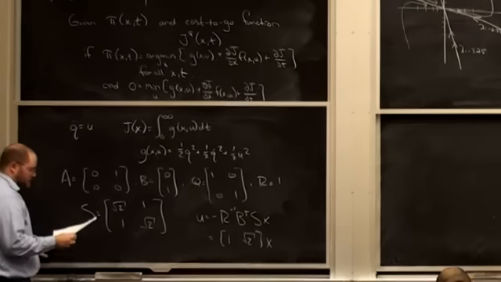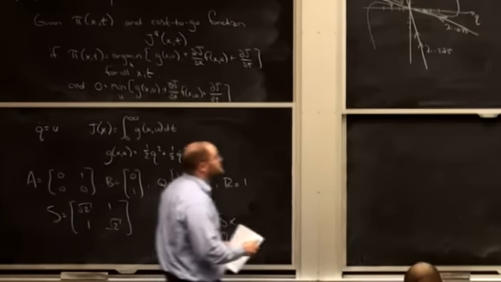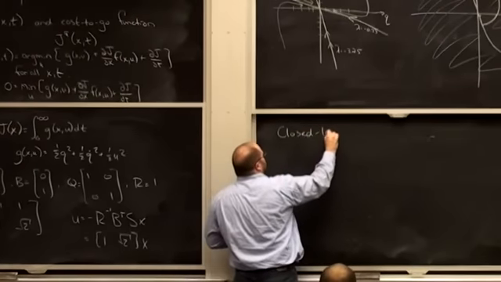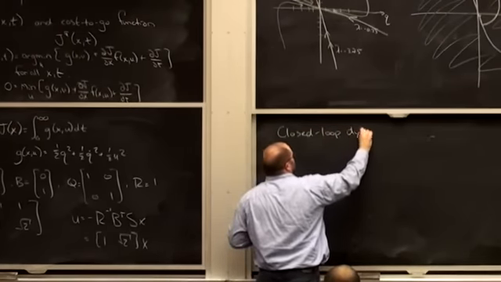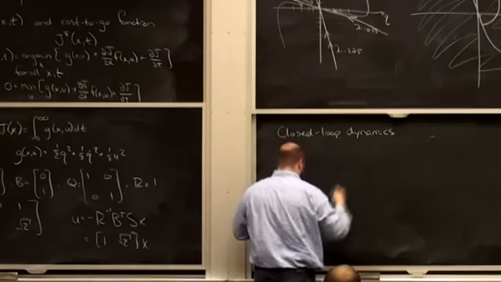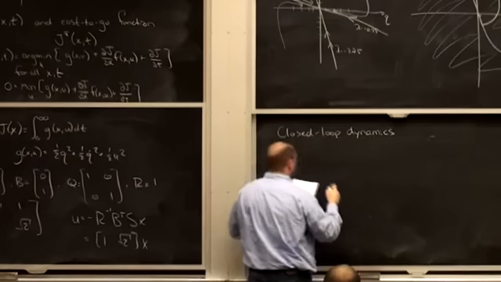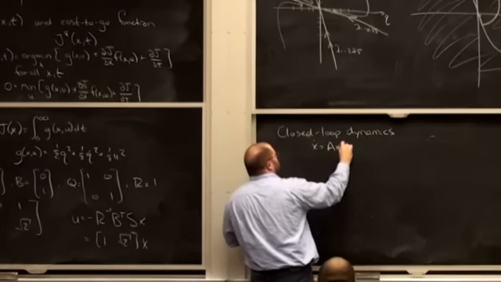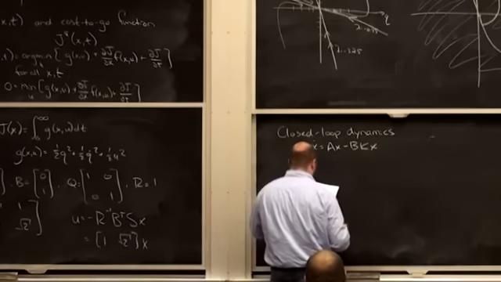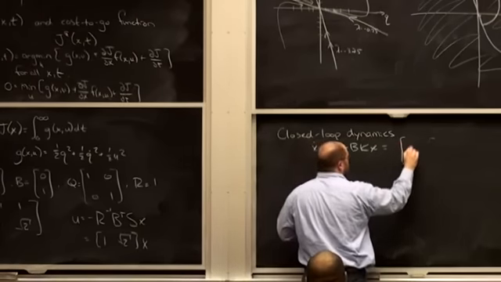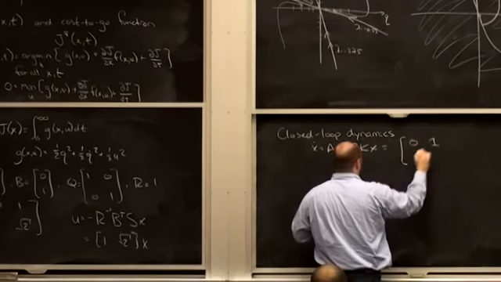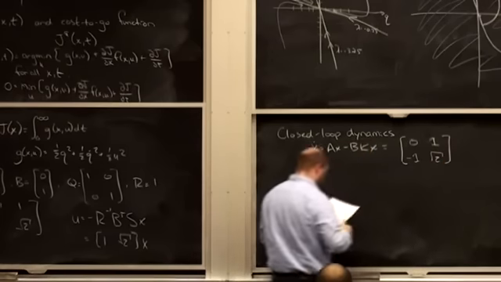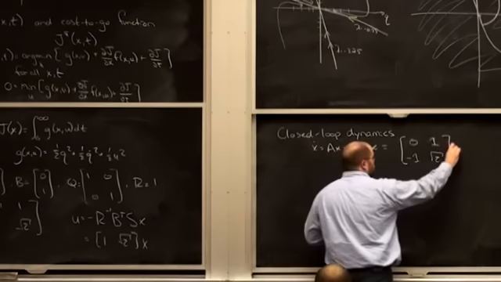Which gives me closed loop dynamics of x dot equals Ax minus BKx, which is equal to [0, 1; negative 1, negative square root of 2] times x.